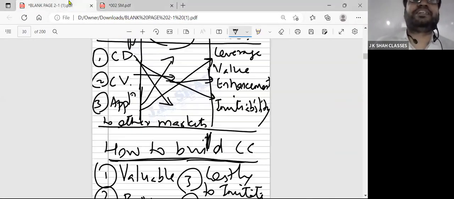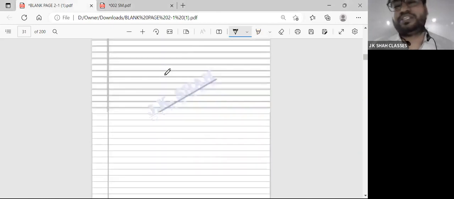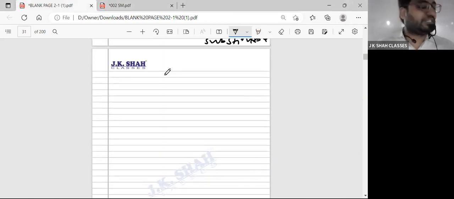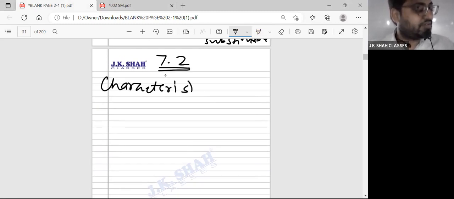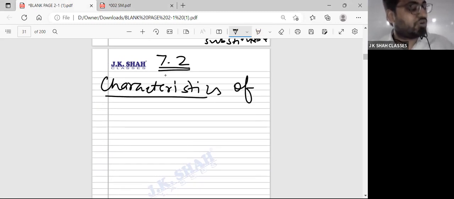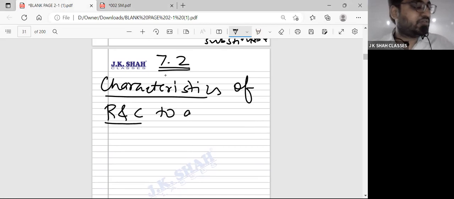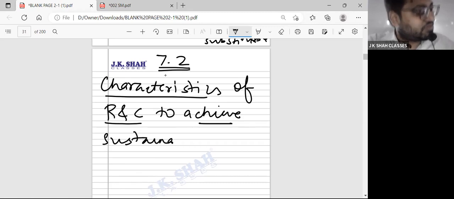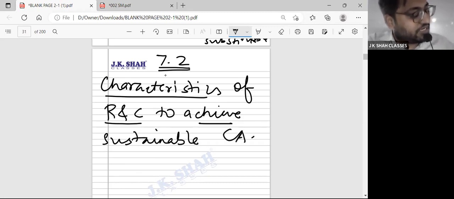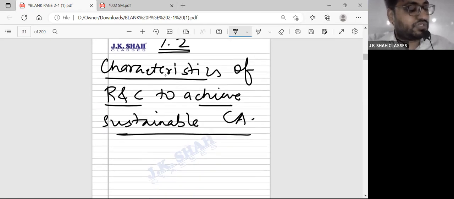What are the characteristics of resources and capabilities so that you can achieve sustainable competitive advantage? Resources and capabilities, R and C, to achieve sustainable competitive advantage.